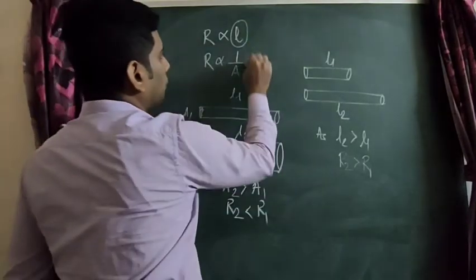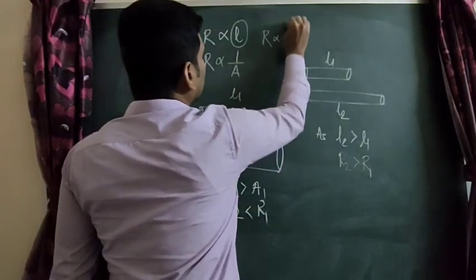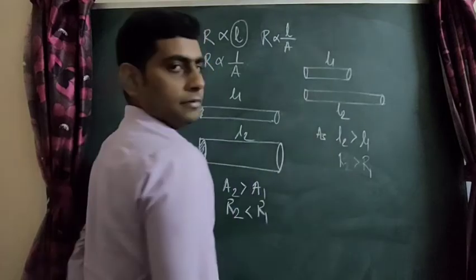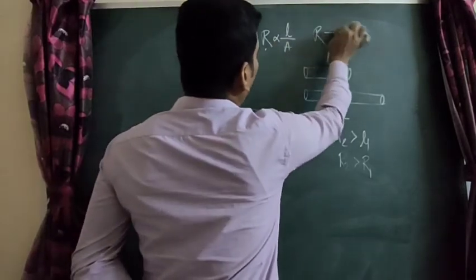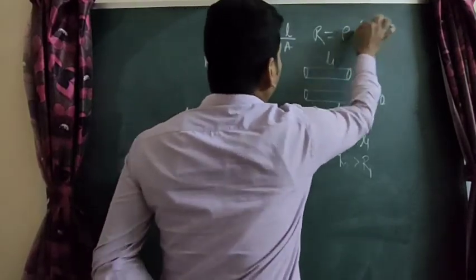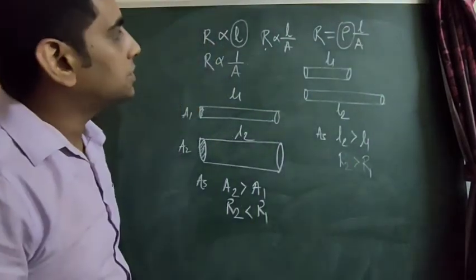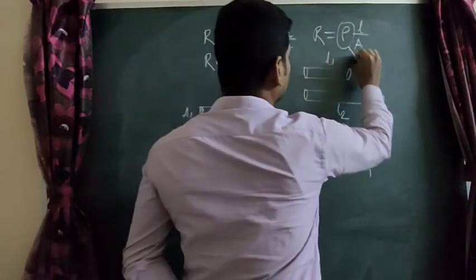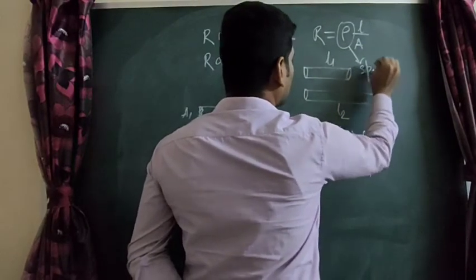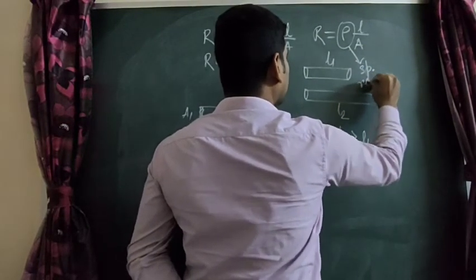Clear? If we combine these two laws together, R is proportional to L by A, so R equals a constant times L by A. This constant is known as specific resistance or resistivity.